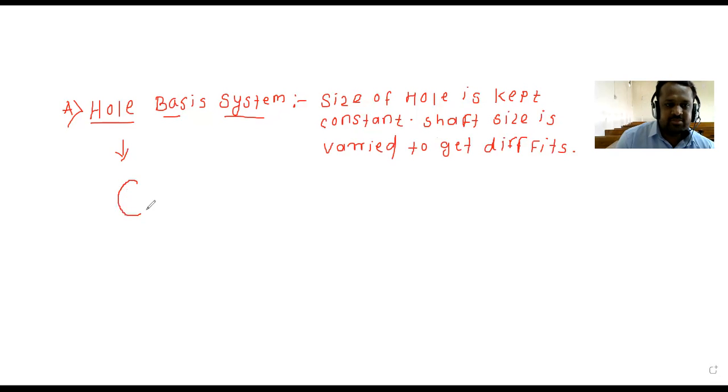For example, this is one hole. In the hole basis system, the size of this hole we have to keep constant, and the size of the shaft we can vary to achieve the different fits.